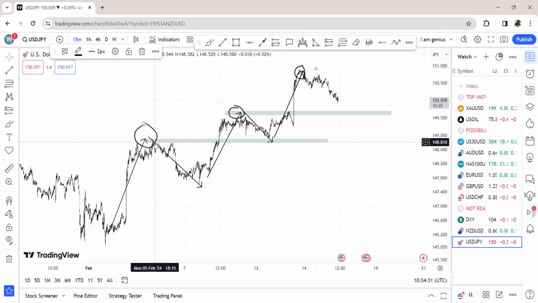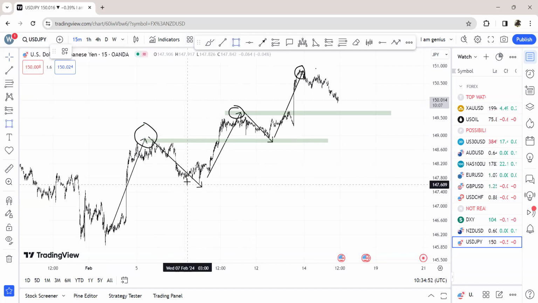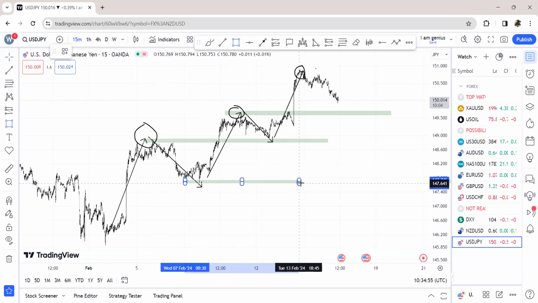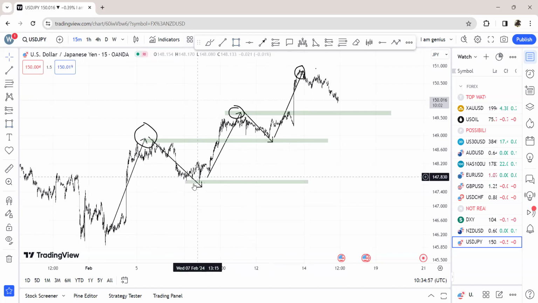Remember, resistance is any level the market fails to go past on the upside. Then support is when the market fails to go any further down. For instance, this level here is your support level. Why? Because the market has failed to go any lower than that.